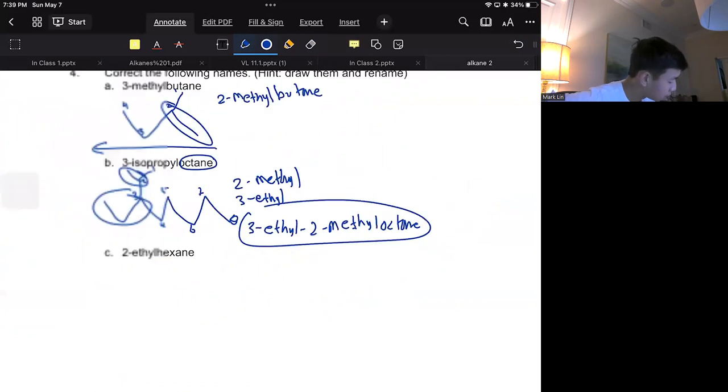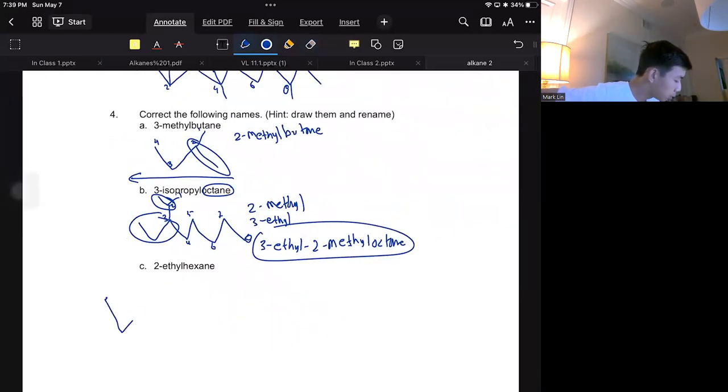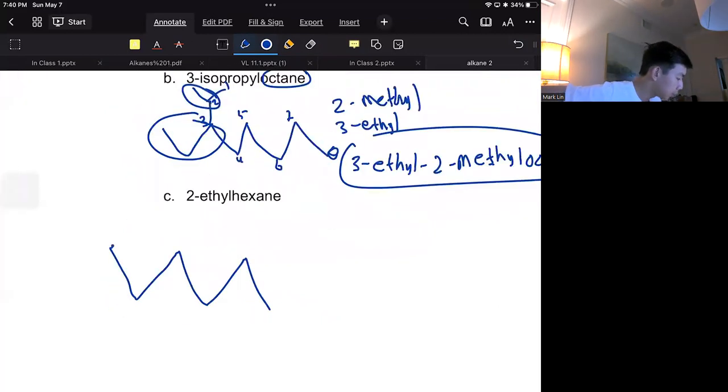Sweet. Letter C, 2-ethyl hexane. Hex is 6, so 1, 2, 3, 4, 5, 6. At number 2, there'll be an ethyl, so 1, 2.